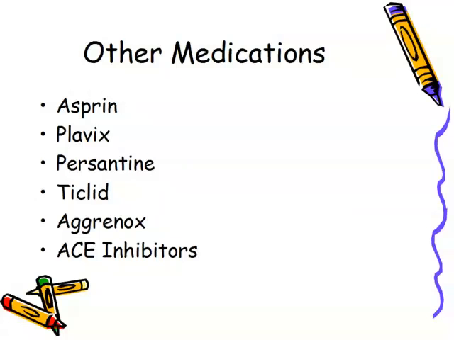And Aggrenox is actually a pretty new drug on the market that was just approved by the FDA, and this actually combines aspirin and Persantine. So this is a drug patients may also be put on. And then ACE inhibitors, such as Captopril, would be an example of one. They are very cardioprotective, and so they may reduce the risk of CVAs and MIs.